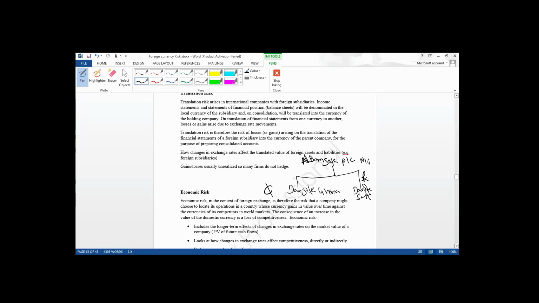You can decide to locate your company in a country where the currency value is stronger.